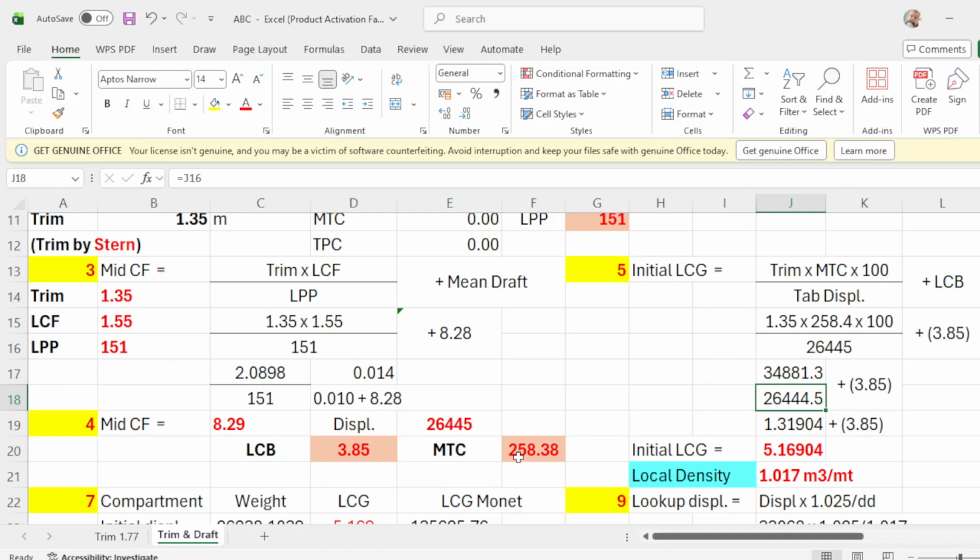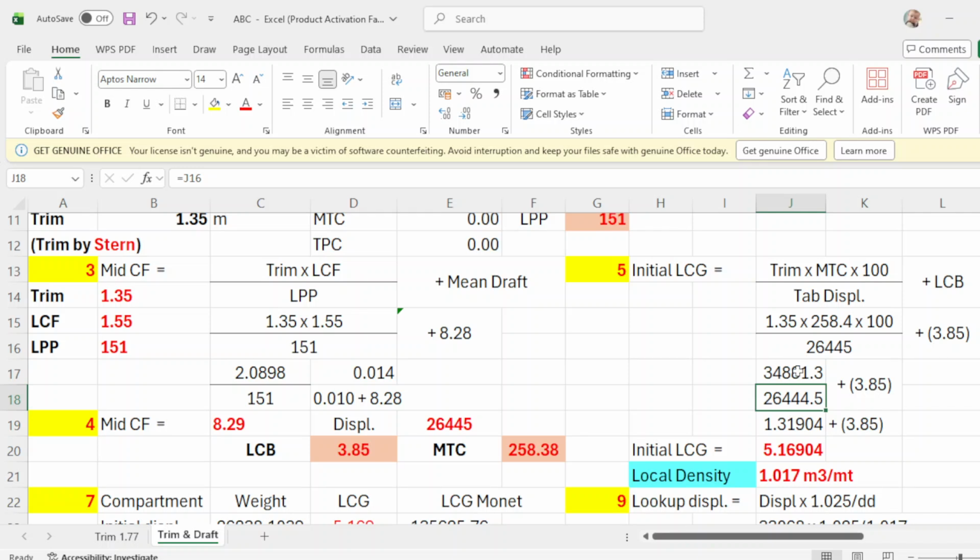Then you put your tabulated displacement of 26445, and your LCB is 385, okay.